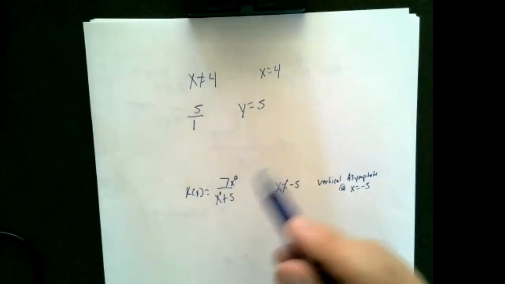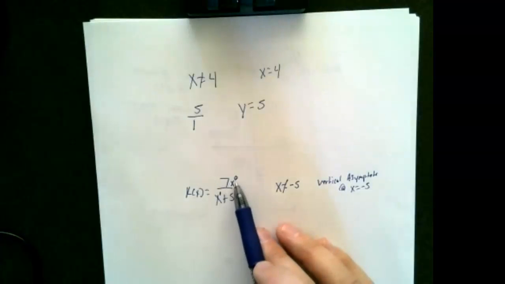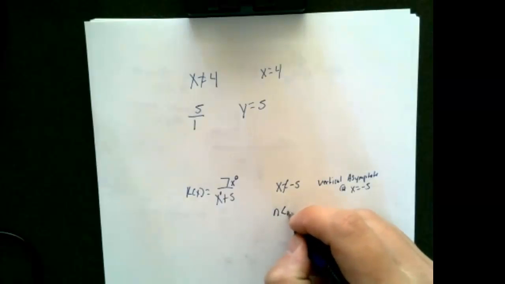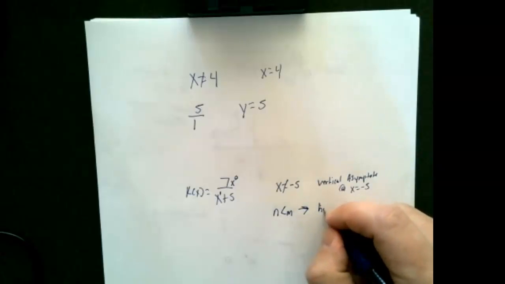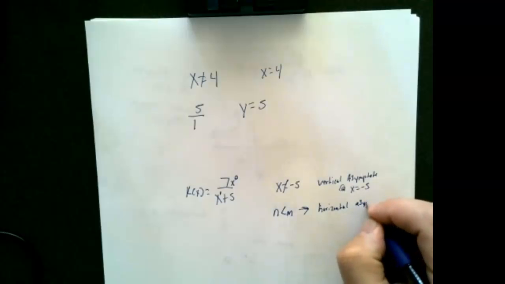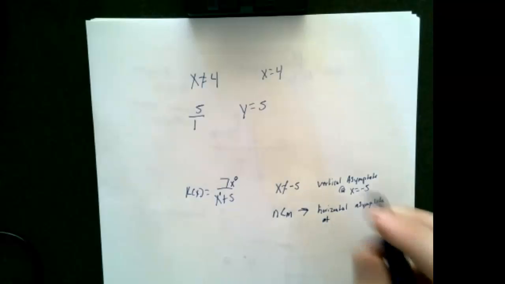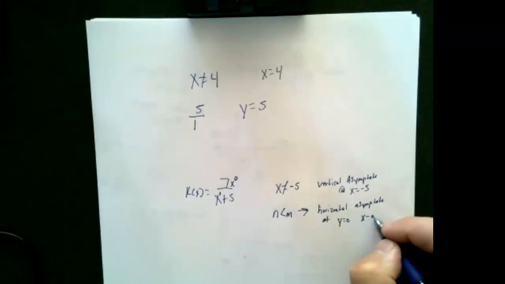If it's just a constant, it's always associated with the variable x to the 0 power, because anything to the 0 power is equal to 1. So we can use our test here. This is where n is less than m. From our rules, that corresponds to a horizontal asymptote at y equals 0, or the x-axis.